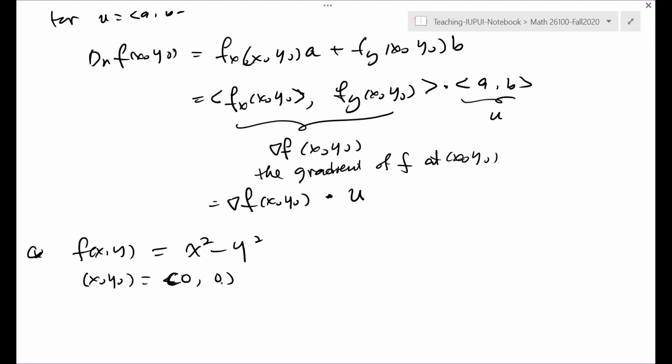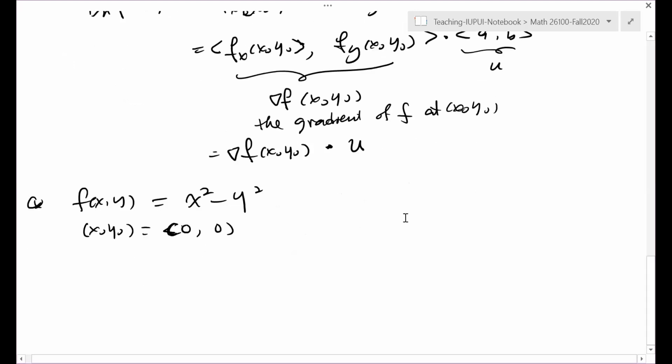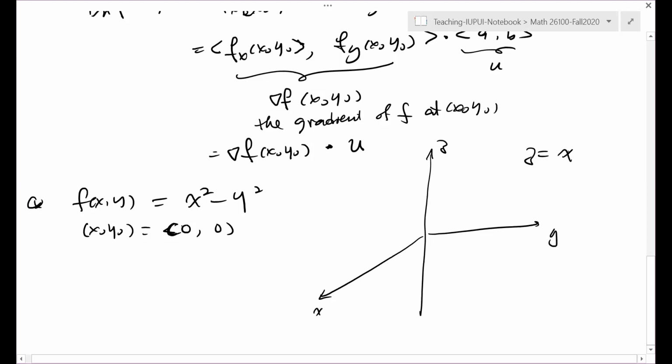The function somewhere is negative, somewhere is positive. This is the x-axis, this is the y-axis, this is the z-axis. The graph of z equals x squared minus y squared is not easy to draw.